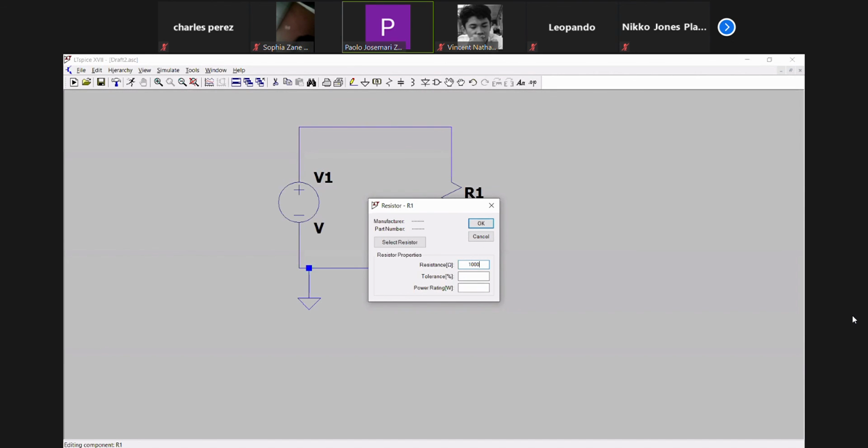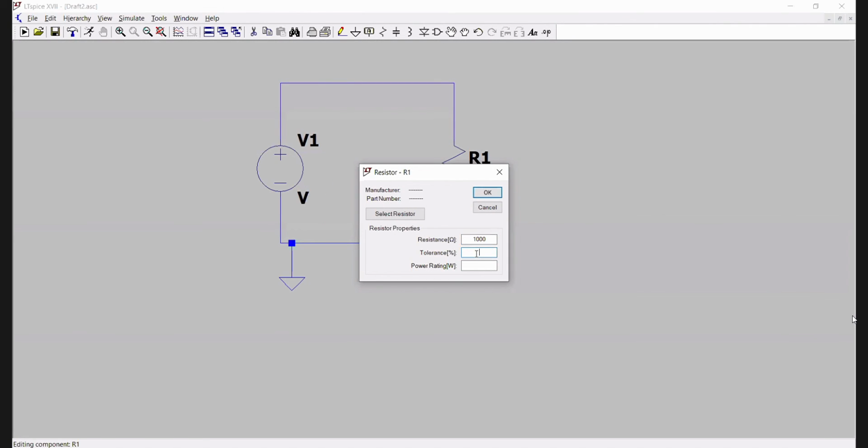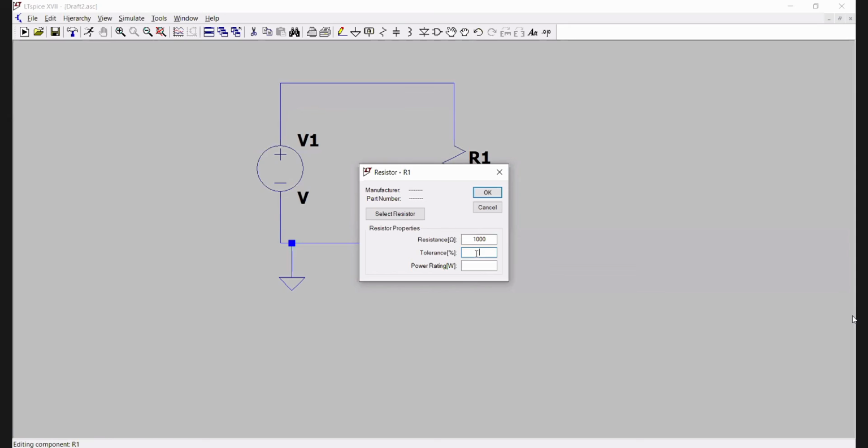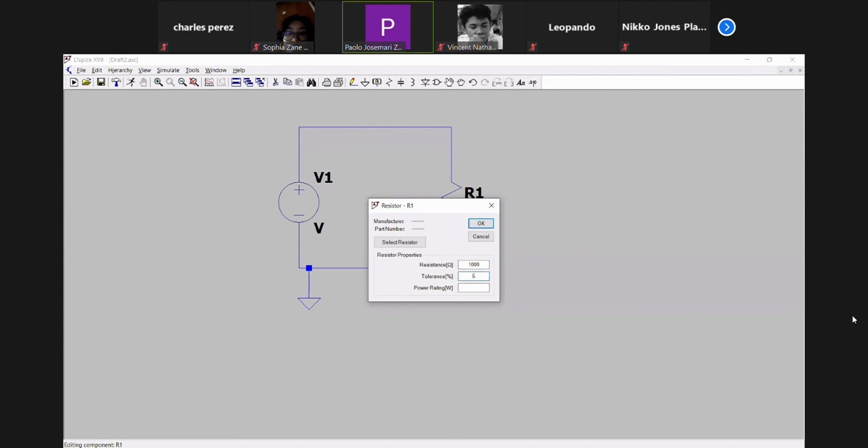So it's absurd. So 1K, right? And then, what is the percent tolerance? I think it's 5%. 5%, sir. The power rating? 1/4, sir.